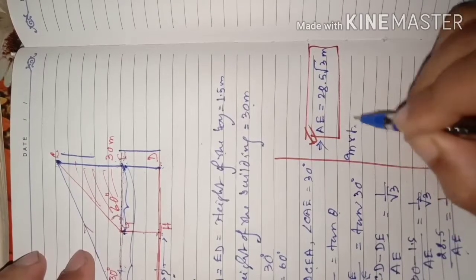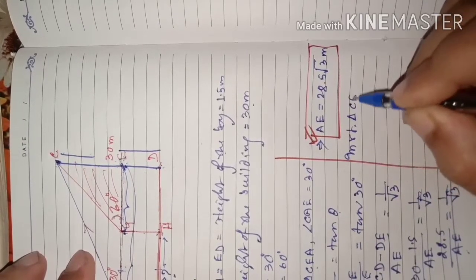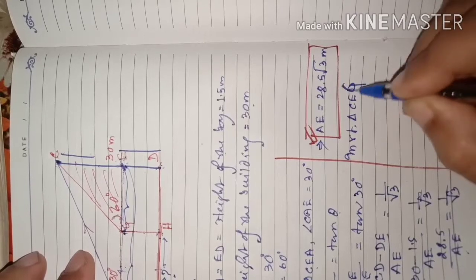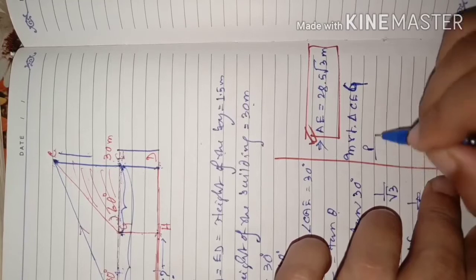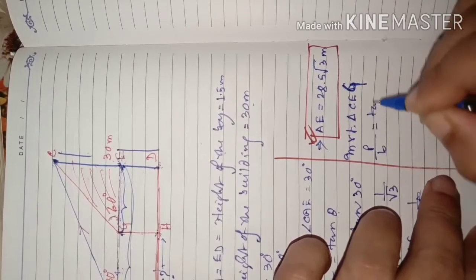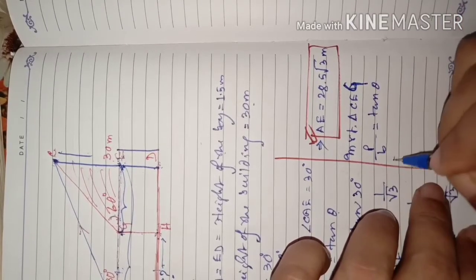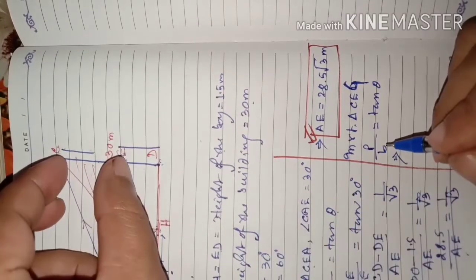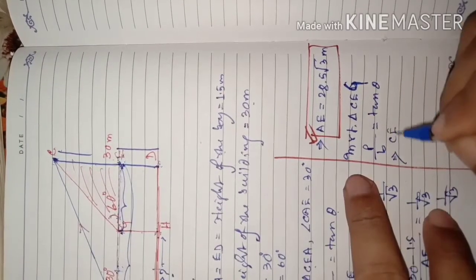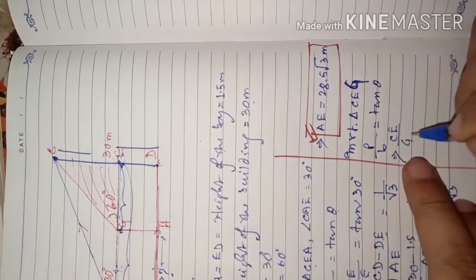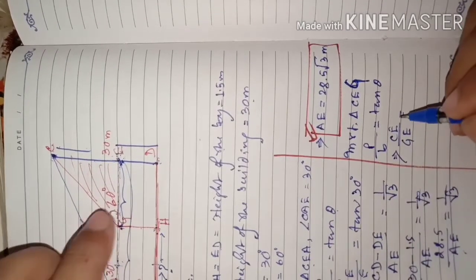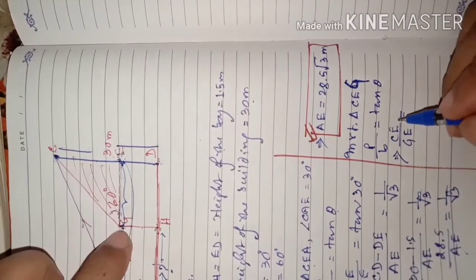In right triangle CEZ, perpendicular by base again, tan of the angle theta. Now perpendicular CE, so you write here CE divided by base. Base is ZE. Because with respect to this angle, this is perpendicular, this is base.